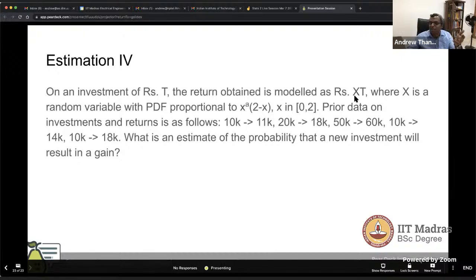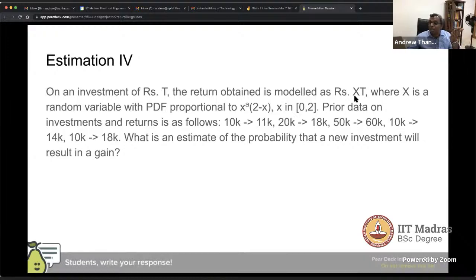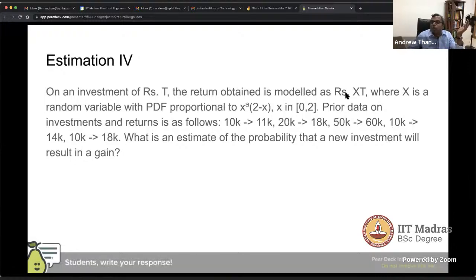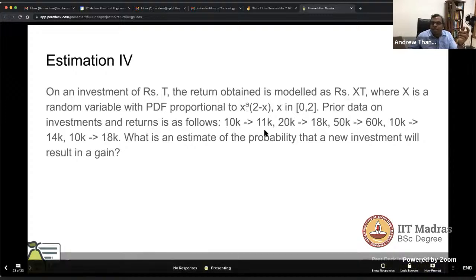In that one realization, x became 0.5. Then you made a loss. You invested t, you got back only t by 2. Suppose when x is 1.5, then you got a 50% benefit, or if x is close to 2, 1.9 or something, then you got a huge benefit. Is that okay? Okay, so here are the prior samples. In the first case, what is the value of x?